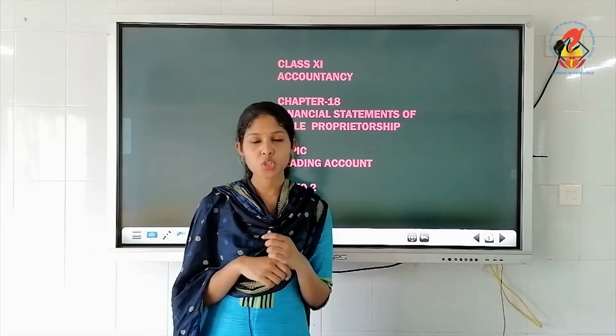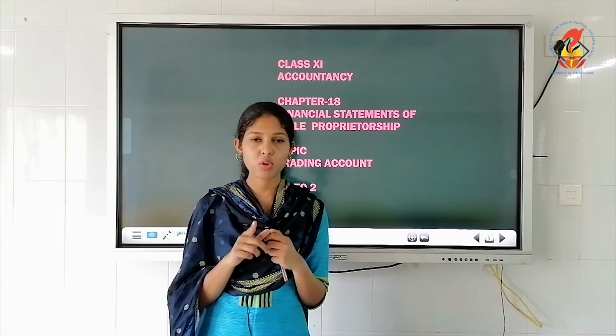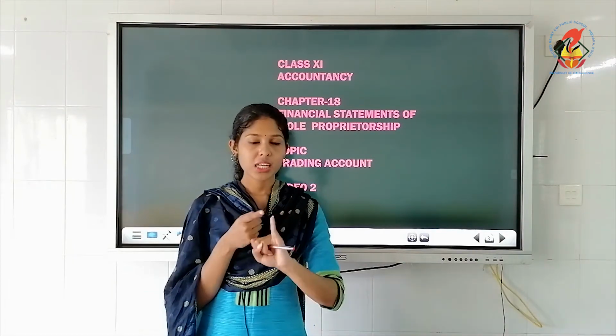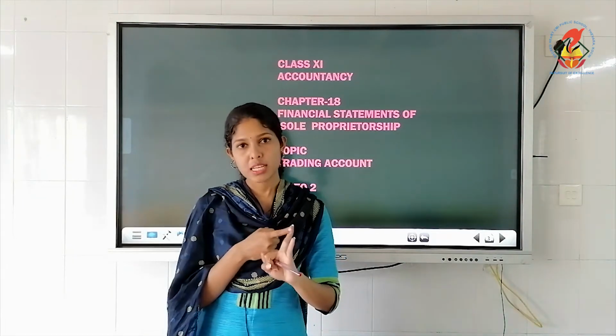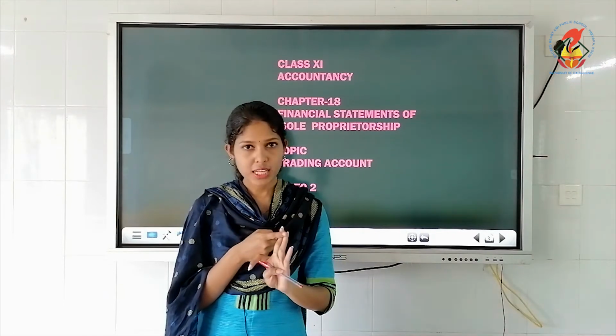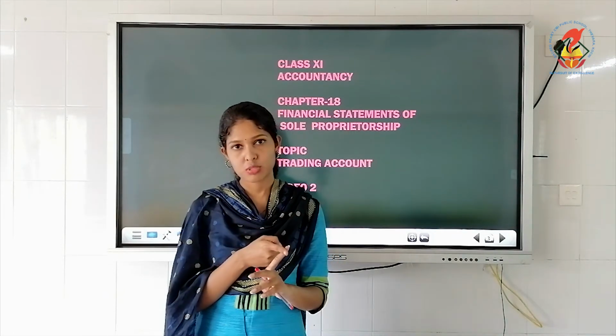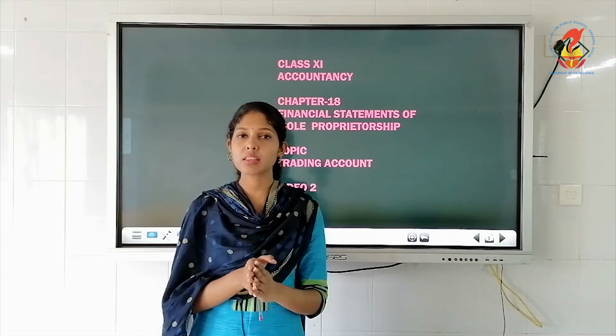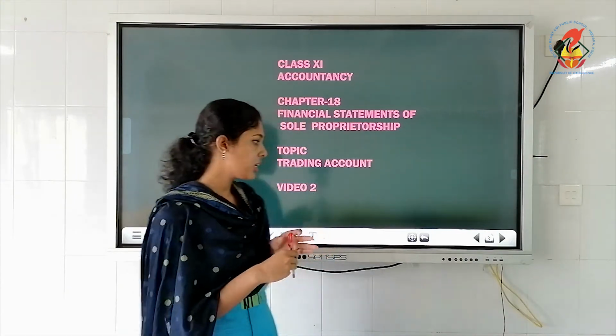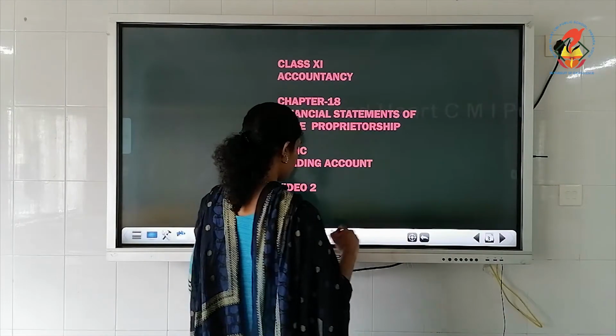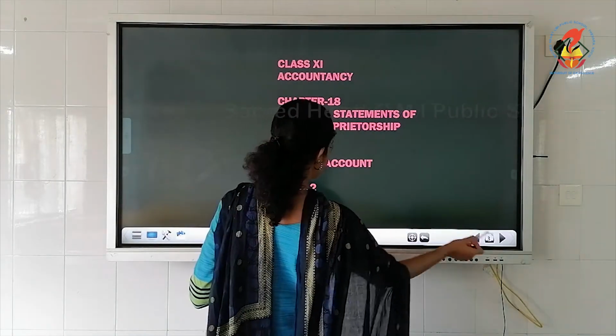So here we are asked to compute cost of goods sold, and the formula you have learned before. What is that? Opening stock plus net purchases plus direct expenses minus closing stock. We just have to apply this formula, substitute the figures, and you will get the cost of goods sold.